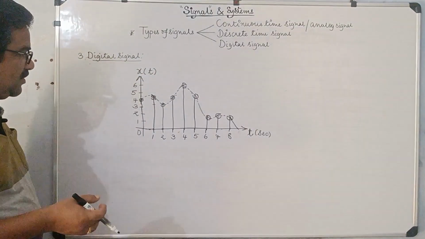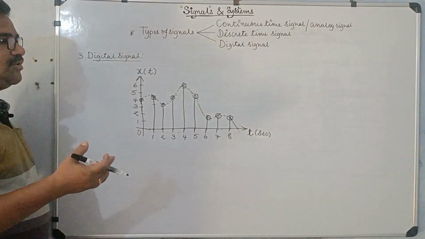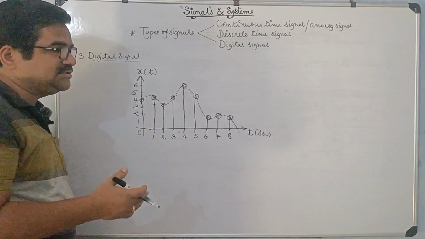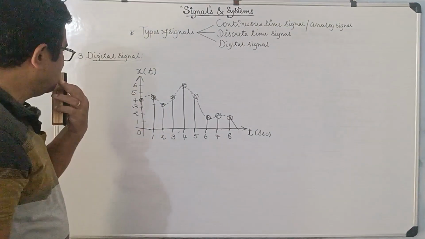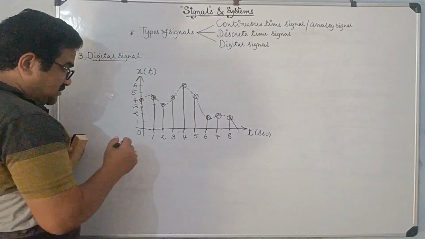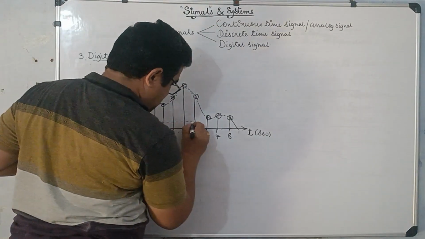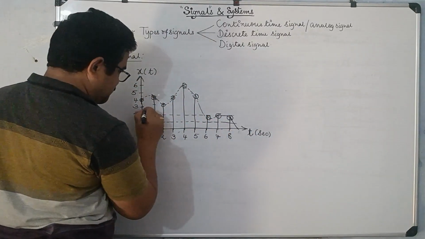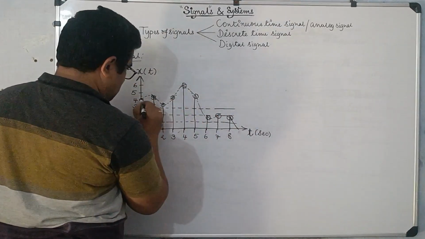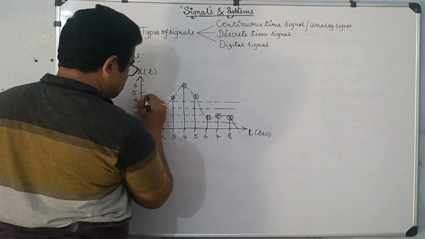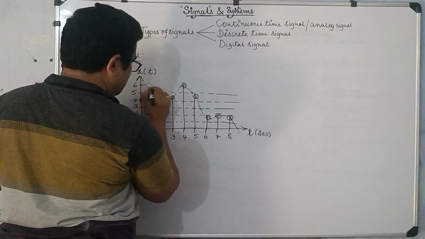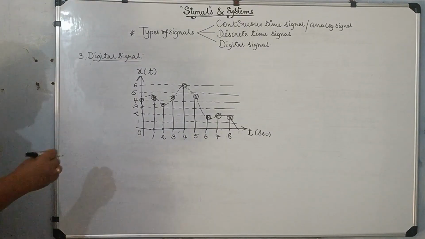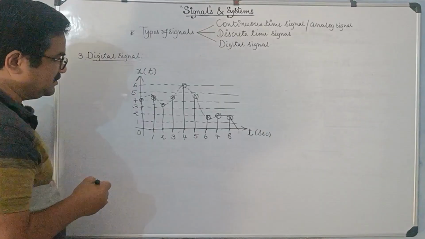So what I'm doing is rounding the amplitude anywhere in between two discrete values to the nearest amplitude. For example, these are my discrete set of amplitudes, the discrete values to which I want to round the actual amplitudes of the discrete time signal.